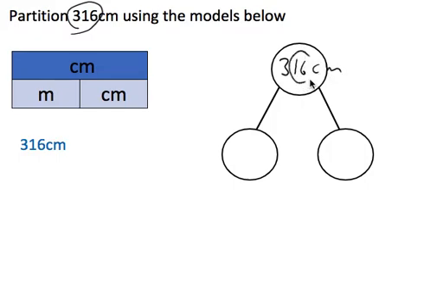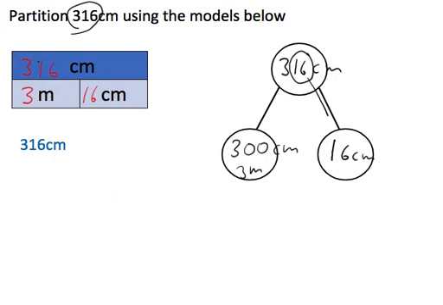So I think I'm going to put those down there, 16 cm and 300 cm, or 3 meters. Let me rub that out. 316 cm, we've got to make that 3 meters and 16 centimeters.